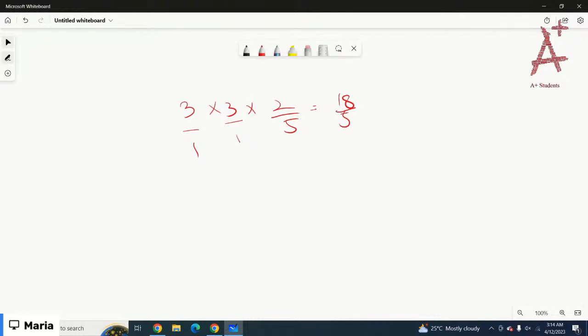Okay, just follow the instructions. Go to grade 6 maths. Find the chapter multiply fractions.